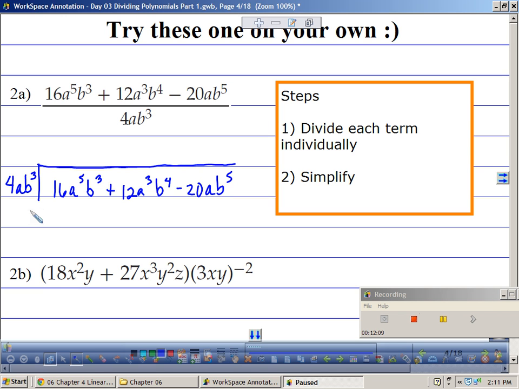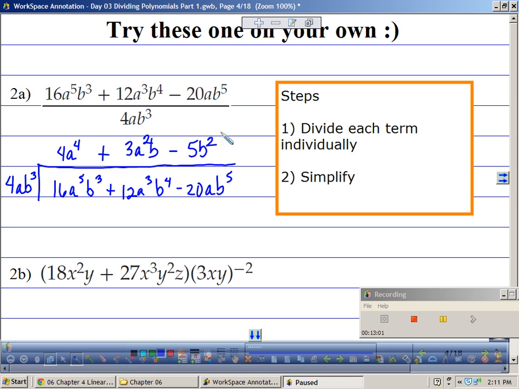All right, so 4ab cubed times what makes 16 a to the 5th b cubed? 4a to the 4th, right? Plus 3a squared b, minus 5, but the b squared. B squared, yeah.